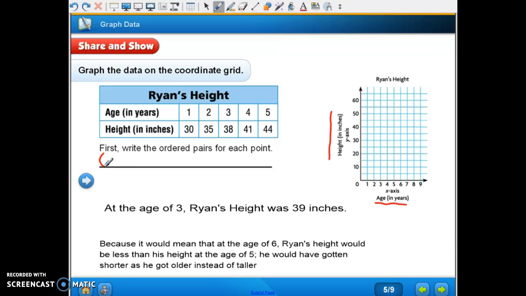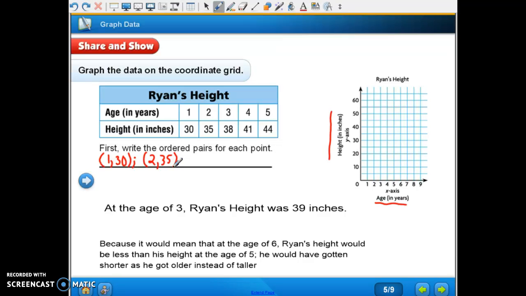Okay. So our first ordered pair is going to be 1, 30 with parentheses. And we're going to put a semicolon between our ordered pairs. Remember, a semicolon is a period with a comma under it. Okay, and then our next ordered pairs, don't forget your parentheses. 2, 35, don't forget that comma to separate your x and y.